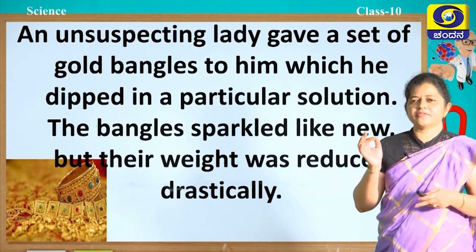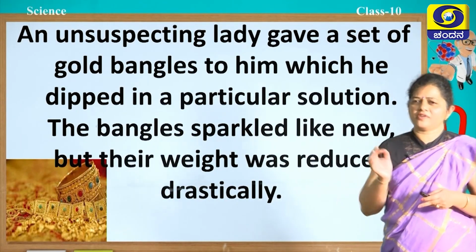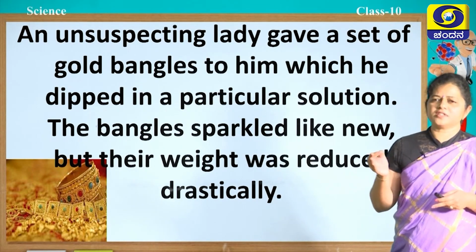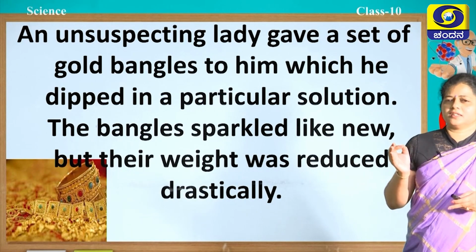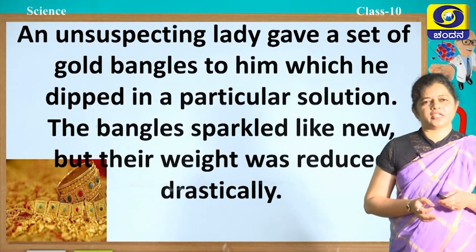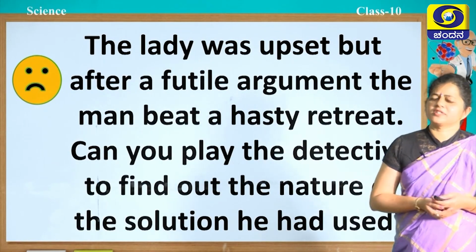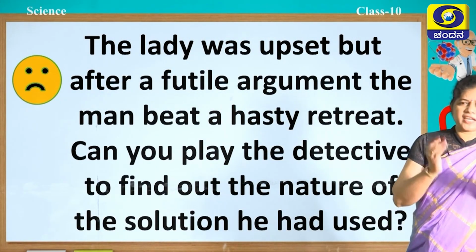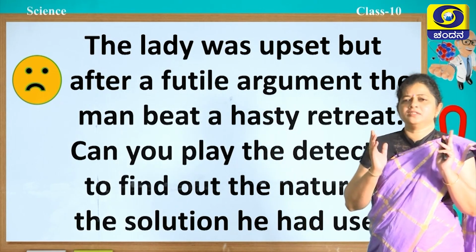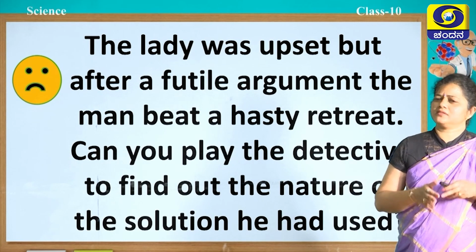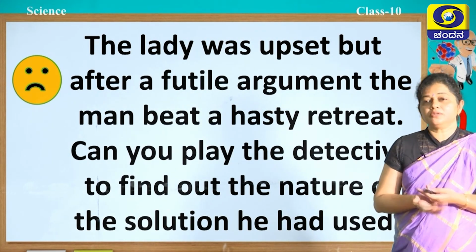The bangles, they were looking as though they are very new bangles just brought from the store. But then after she observed, the weight of that bangle was reduced drastically. Now, the lady was upset. She had an argument with Aman. She said, "No, you are cheating me." So, now after a futile argument, Aman couldn't do anything.